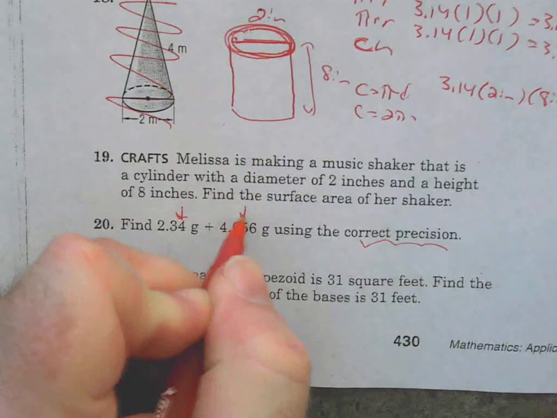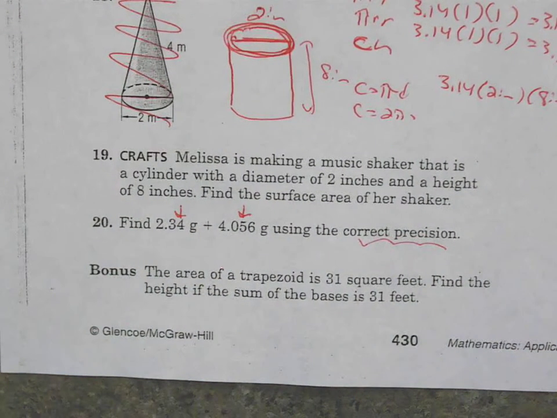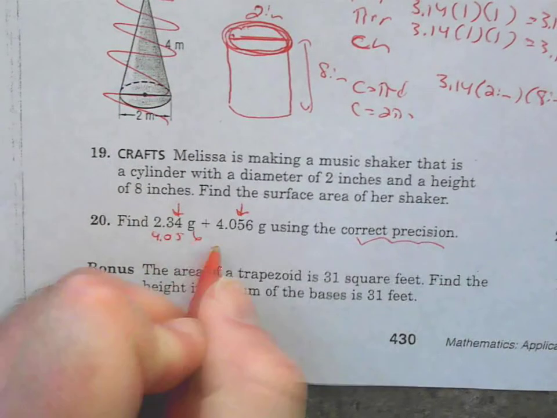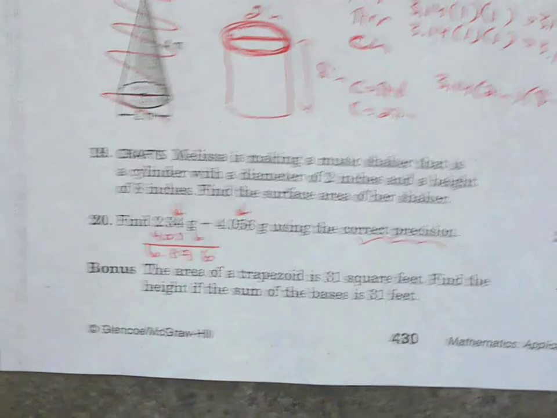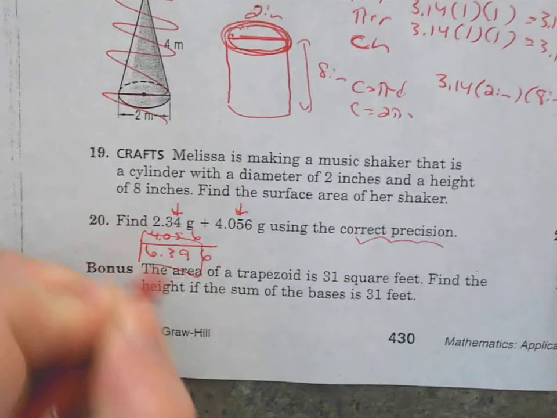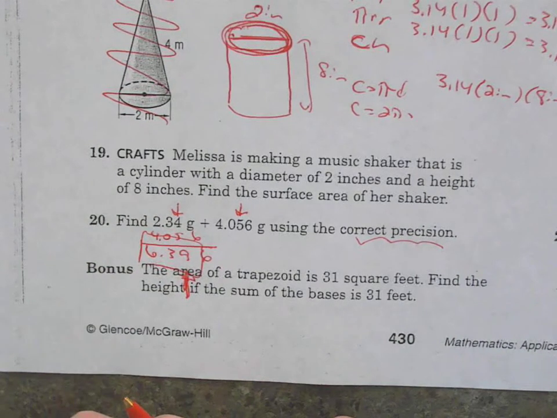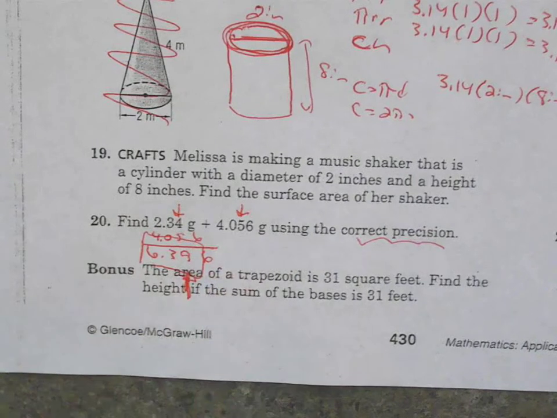I can only report my answer to the worst measurement I have. So when I do this question, I have 4.056. I add it up and get 6.396, but I'm only allowed to go to the 100th place. That's the worst measurement of the two.